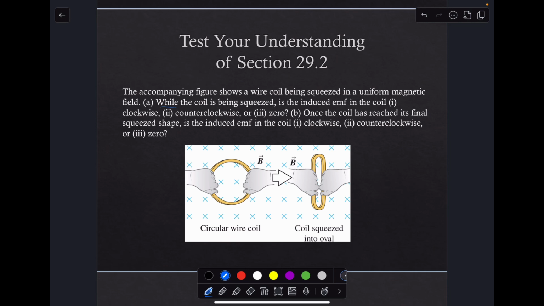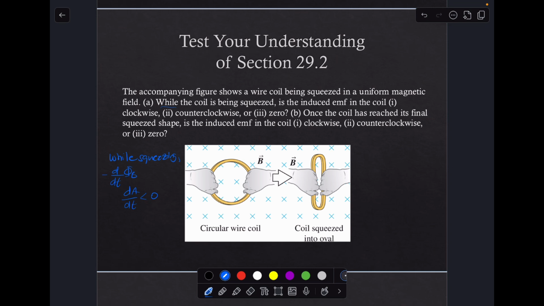If something is being squeezed, its area is decreasing. So while squeezing occurs, our change in flux will be negative, because dA/dt will be less than 0. It's being squeezed. We're shrinking the area with respect to time.